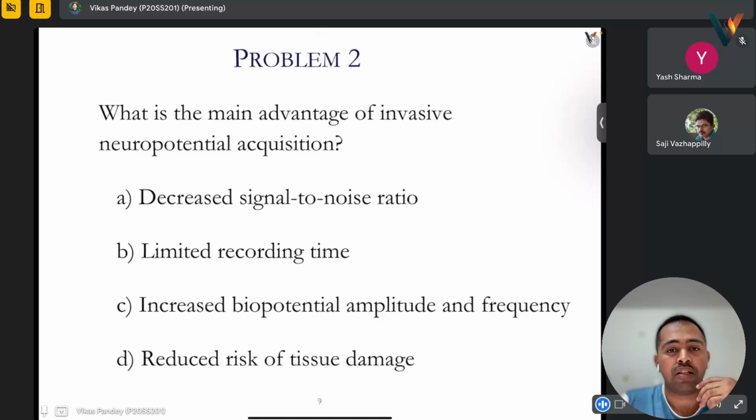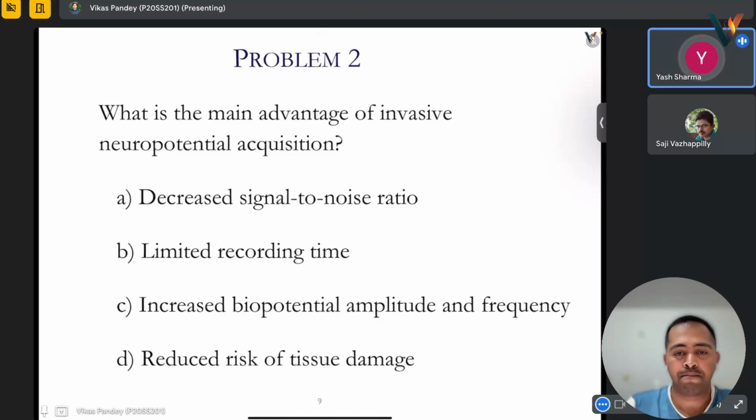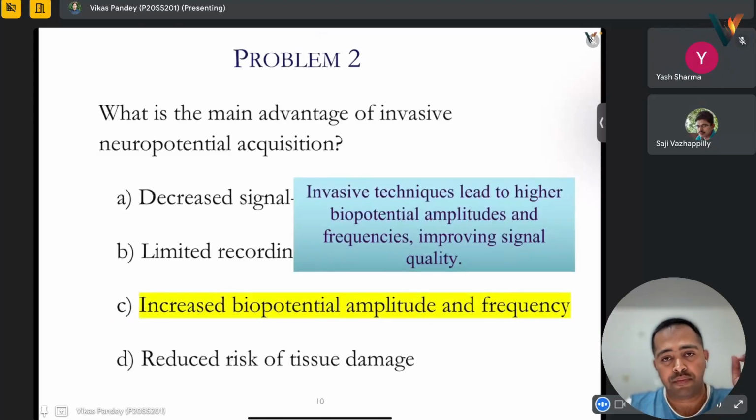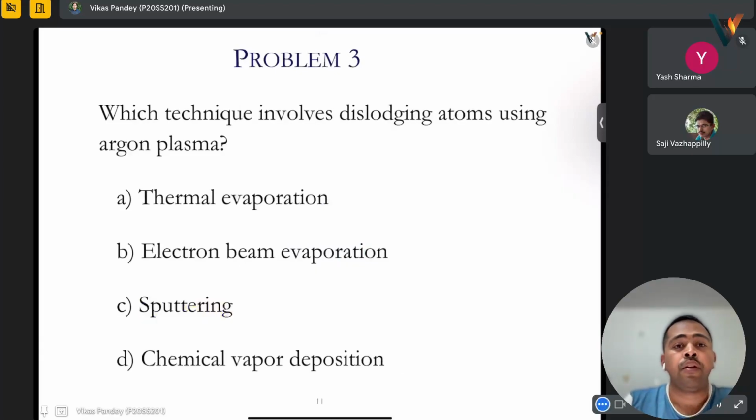Decreased signal to noise ratio, limited recording time, increased biopotential amplitude and frequency, reduced risk of tissue damage. Increased biopotential amplitude and frequency. Fine. And it will not be decreased signal to noise ratio, it will actually be increased signal to noise ratio as it improves signal quality. Fine.